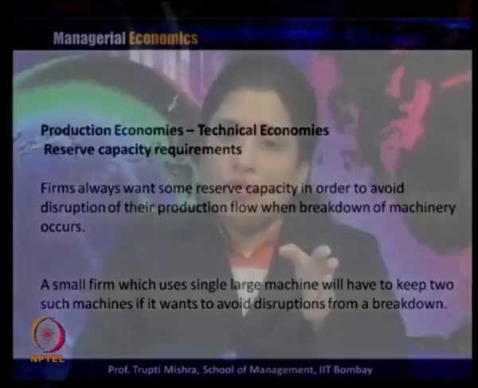A small firm which uses a single large machine will have to keep two such machines if it wants to avoid disruption from the breakdown, because there is only one large machine which produces the entire requirement of the small firm. Now, for the reserve capacity requirement, what they have to do? They have to keep another large machine as the backup.